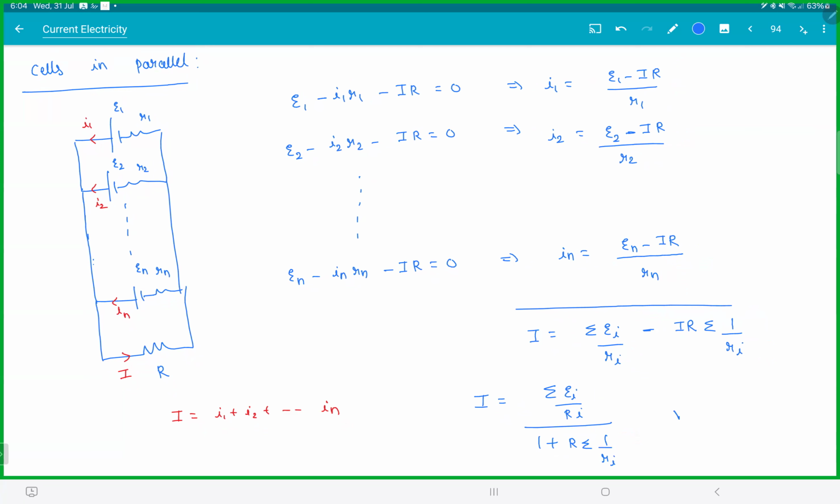And you want the potential difference across this. So VA minus VB will be I into capital R. This would be the current in that external resistance R if you have N batteries.